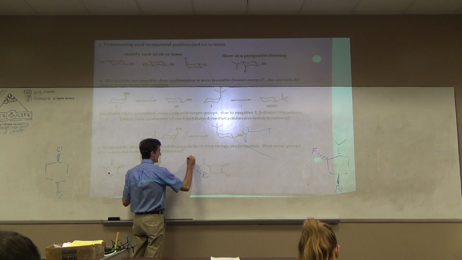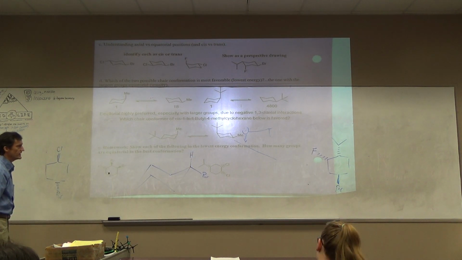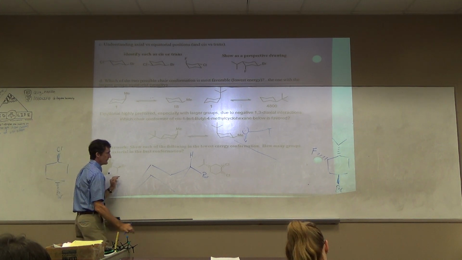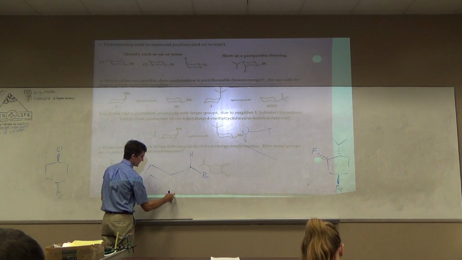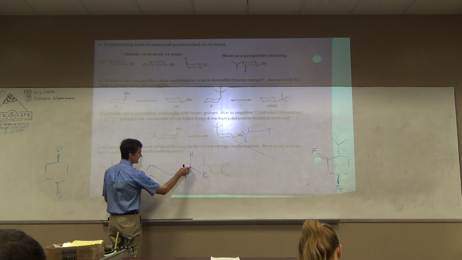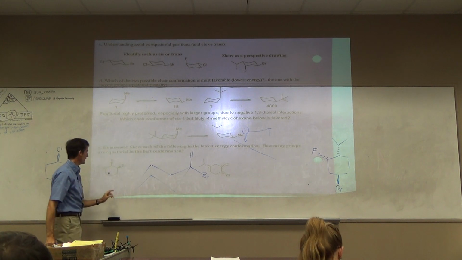I like to draw in the H's at the carbon with the substituent. Put that equatorial. If I put the next bromine on, it now has to go here. Or there, 1, 2, 1, 2, could be 1, 2 or 1, 2. I'm going to put it here. If that one is equatorial, how's the next one?